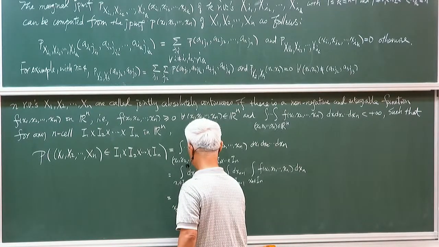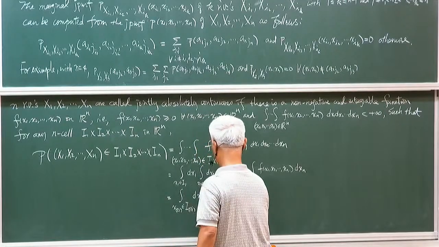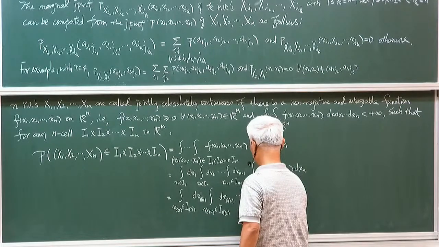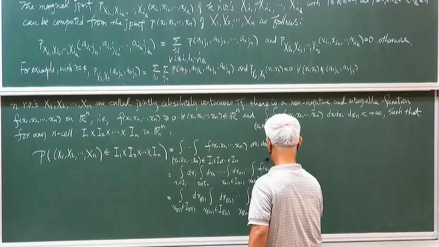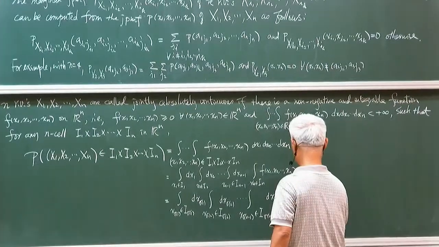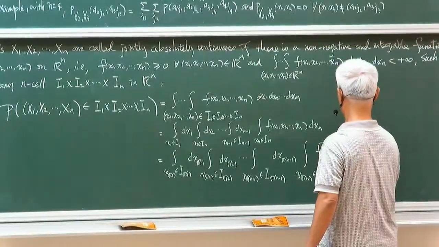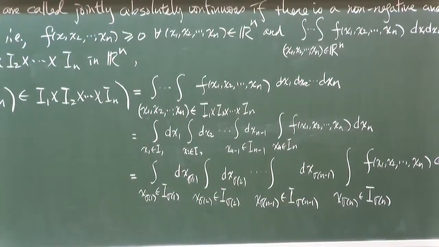So indeed we can integrate x sigma 1 in I sigma 1 dx sigma 1, x sigma 2 in I sigma 2 dx sigma 2, up to x sigma n minus 1 in I sigma n minus 1, and finally x sigma n in I sigma n of f of x1 up to xn dx sigma n, where sigma is a permutation of the index.